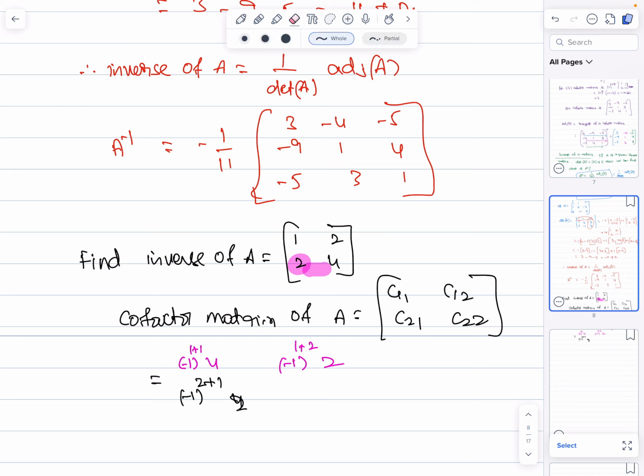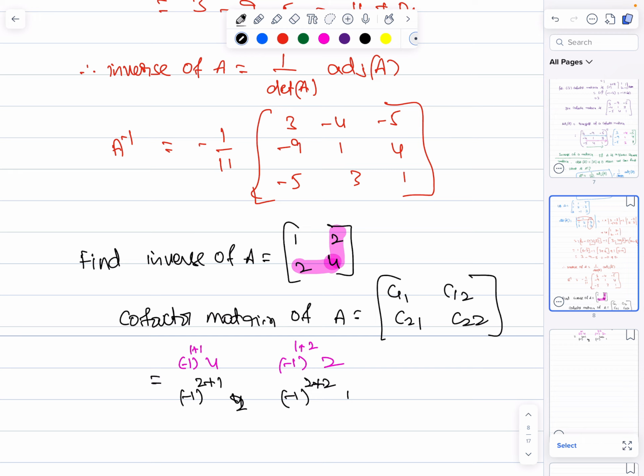Similarly, if you look at 4, that is the last one, the cofactor for 4. That is this location, so you have to drop this row and this column. Therefore, it is -1 to the power second row, second column, multiplied with the leftover elements.